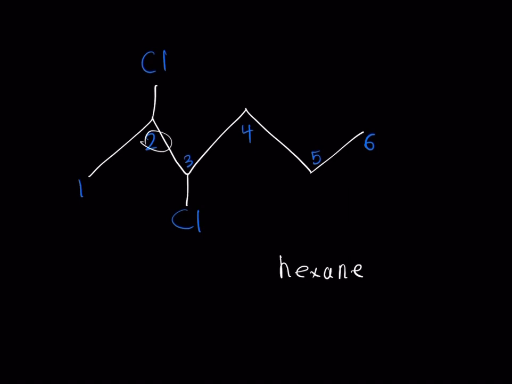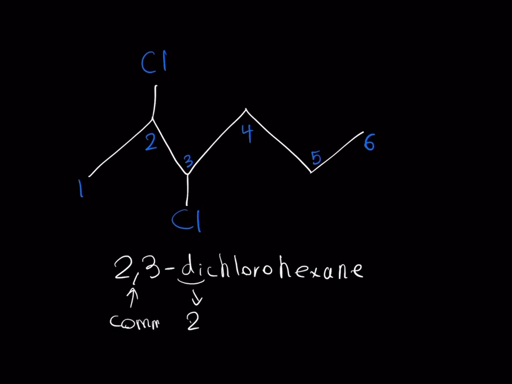So I'm going to go ahead and write 2, 3 hyphen, and then we're not going to write chlorohexane, we're going to write dichlorohexane. So you add this prefix when you have 2, and when you have more than one substituent, you want to indicate the position and separate out the numbers with a comma. And make sure you write the numbers in increasing order. So don't write 3, 2 dichlorohexane, you're going to write 2, 3.